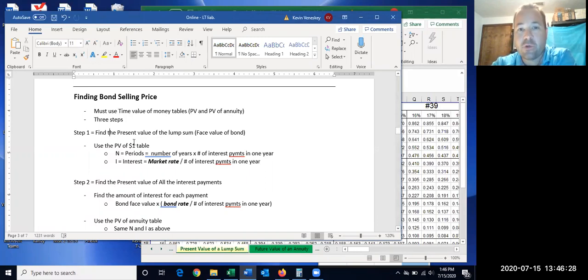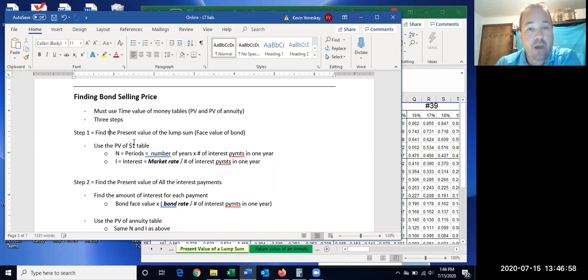So the first thing you're going to do is find the present value of that bond right now. And what I mean by that is that if I'm selling a $50,000 bond, that means I'm going to give back my bondholder 50 grand in 5 years. 50 grand in 5 years is not the same as 50 grand right now. And the interest payments, I'm going to be giving them interest payments over the next 5 years, twice a year.